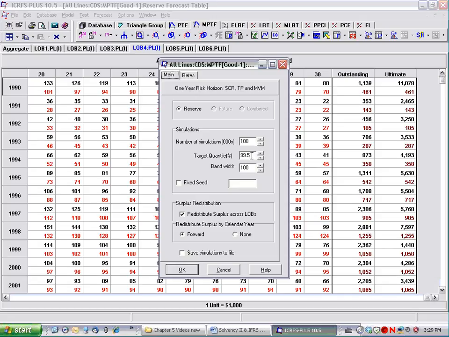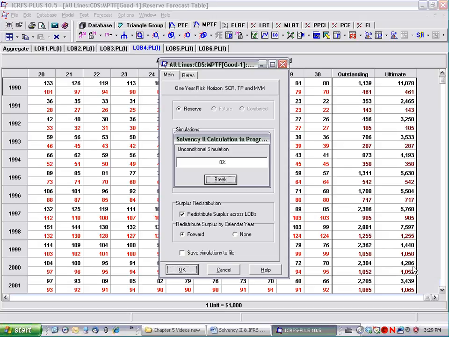Then we're going to find the conditional distributions of calendar years 2011 onwards, assuming that 2010 is in distress. So we're going to do another 100,000. So this means in total 492,000 simulations from correlated log normals. That takes about 5 minutes.